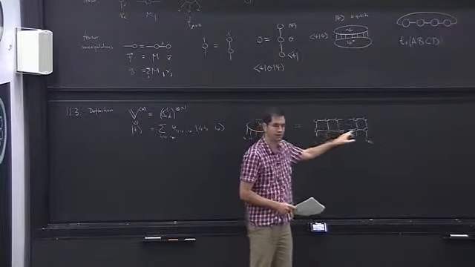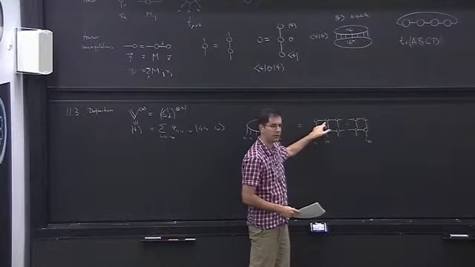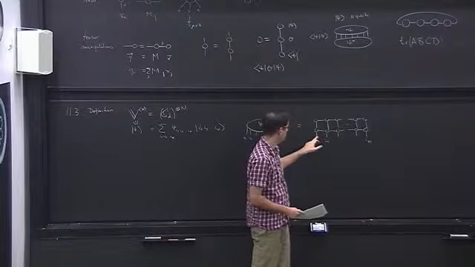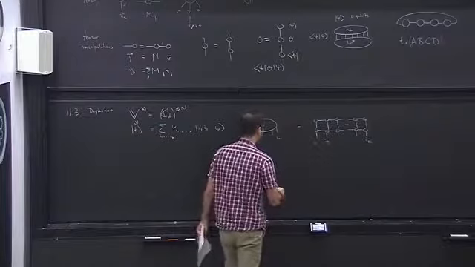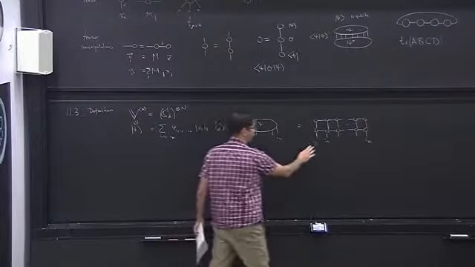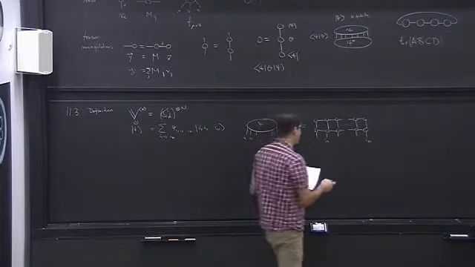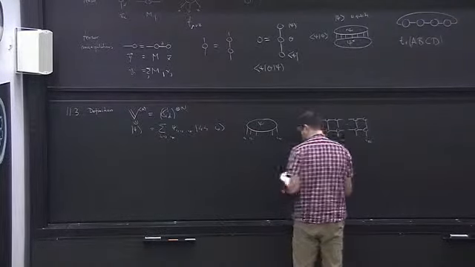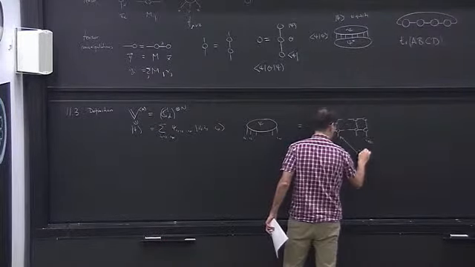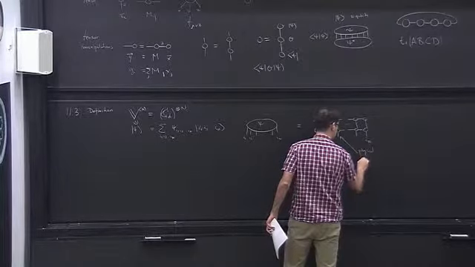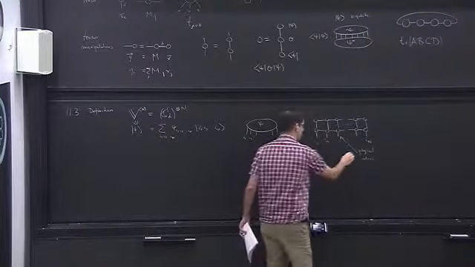Each circle is a tensor, and most of the indices are contracted. But we will also have a number of indices which are open. If here we have n open indices, I'm going to refer to those as physical indices. We'll have n of them.